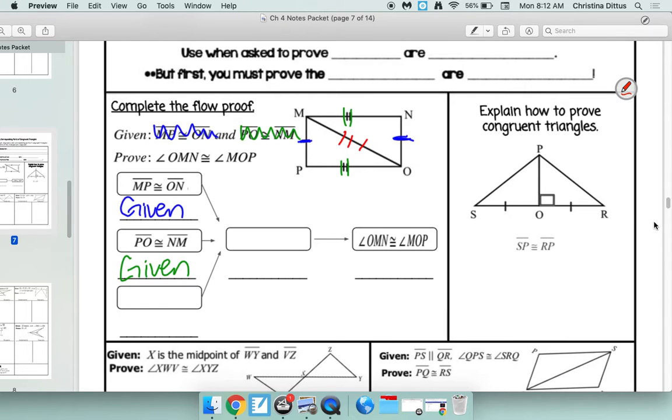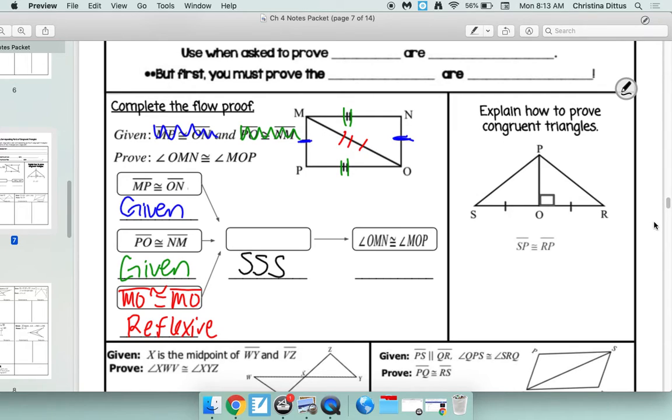So we say that MO is congruent to MO because it is reflexive. Do I have 3 things that are congruent? Yeah, what do I have? Side, side, side. Is that my statement or my reason? It's my reason. So my reason is side, side, side.